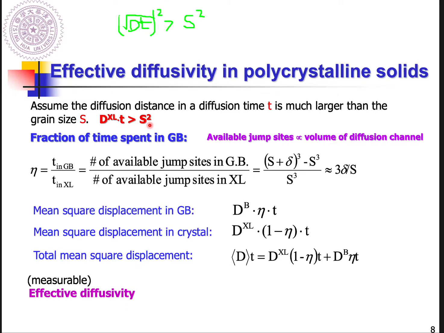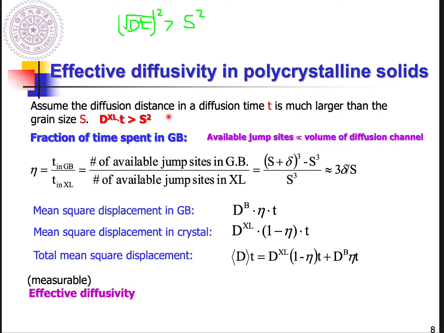So that tells you one important thing: lattice diffusivity is not ignorable, because the diffusivity in the grain cannot be ignored.